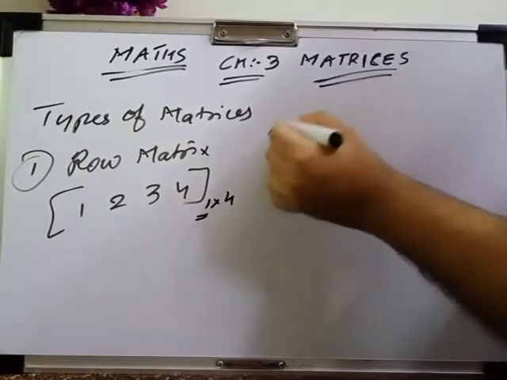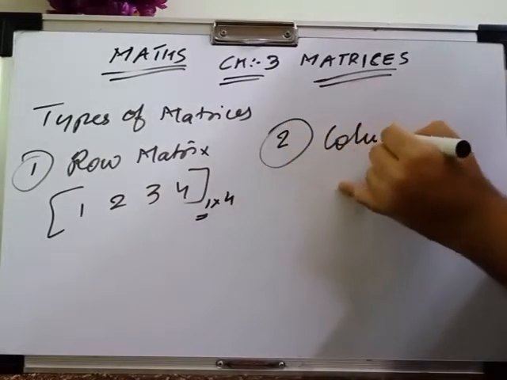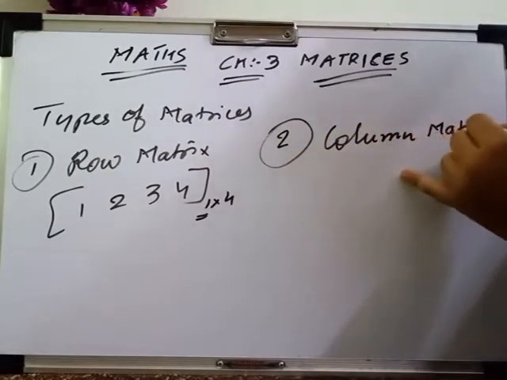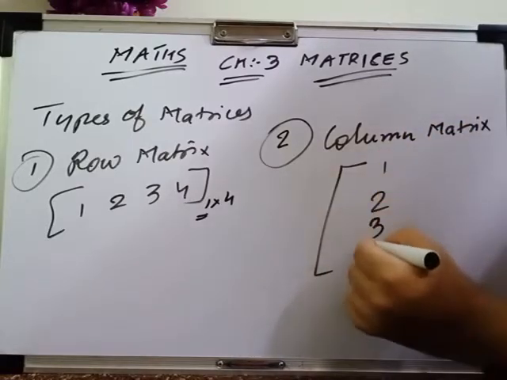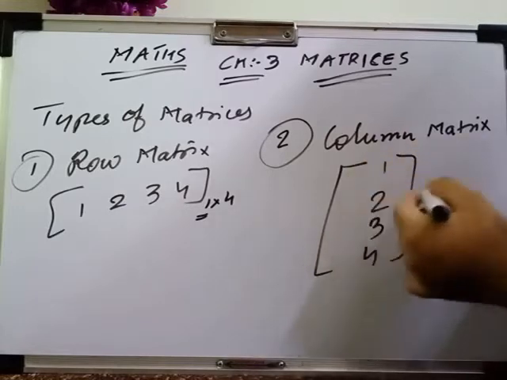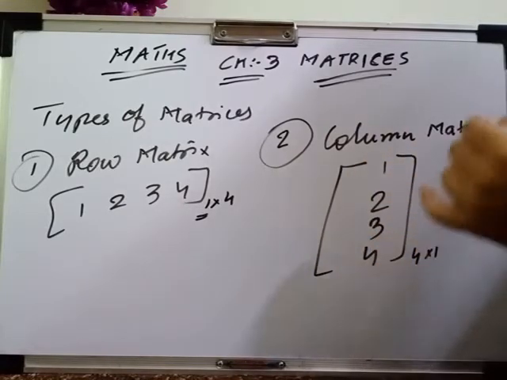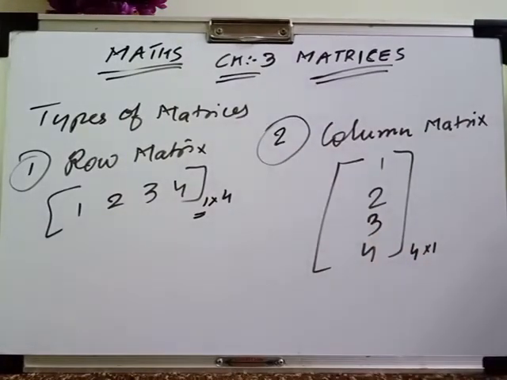Likewise, we have column matrix. As the name suggests, it will have only one column. The number of rows can be more than 1. So this is 4 cross 1. You can see that the column is 1.